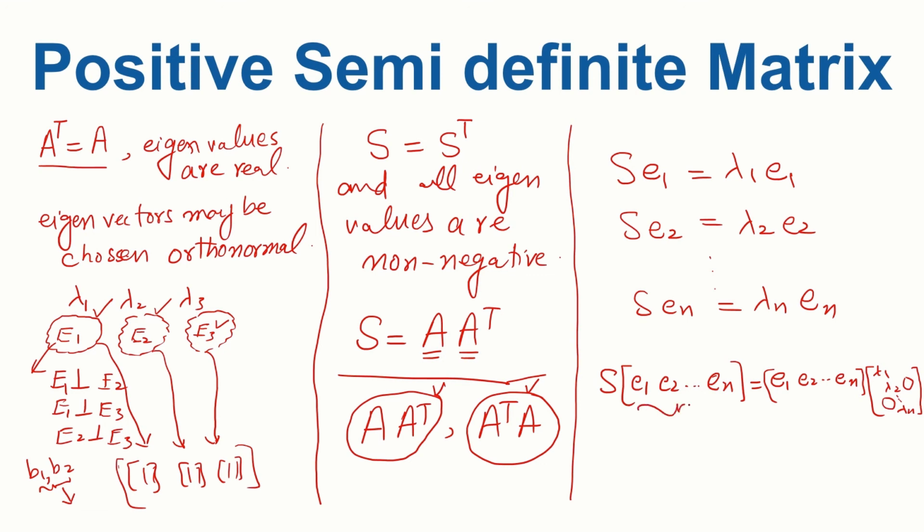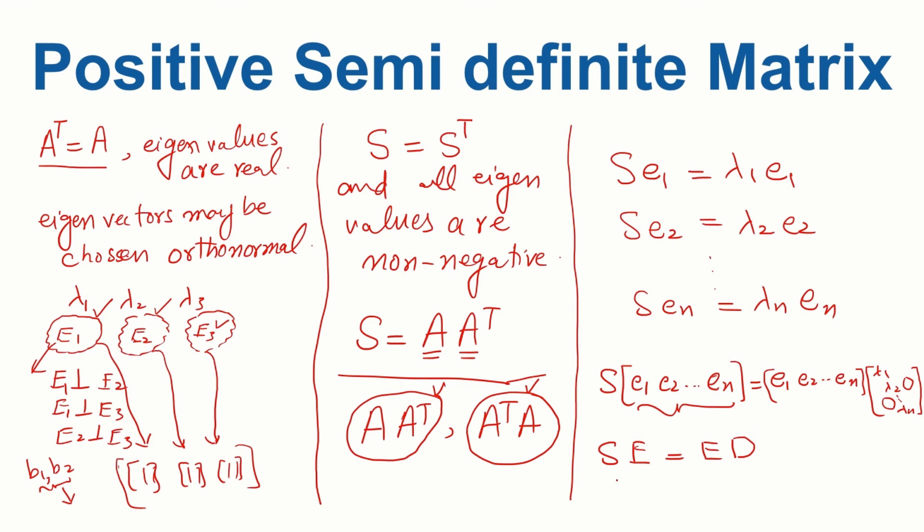If I denote this n by n matrix as E, and this diagonal matrix, where the diagonal entries are the eigenvalues, as D, you can see SE is equal to ED. That is true for symmetric matrices as well, but all the diagonal values in D are non-negative.